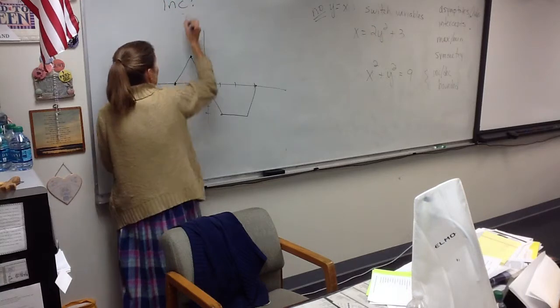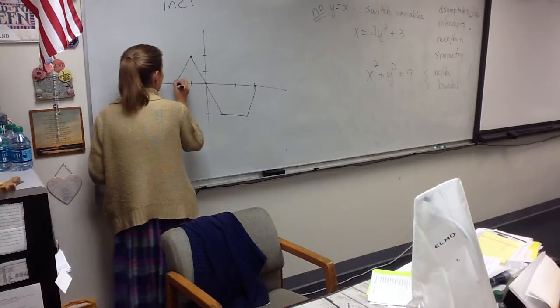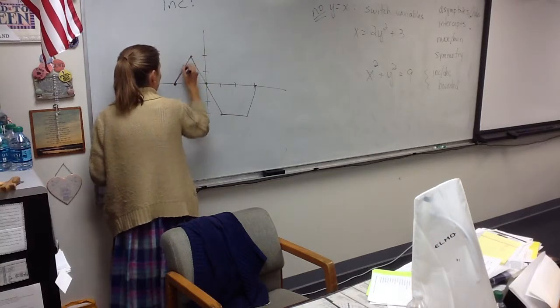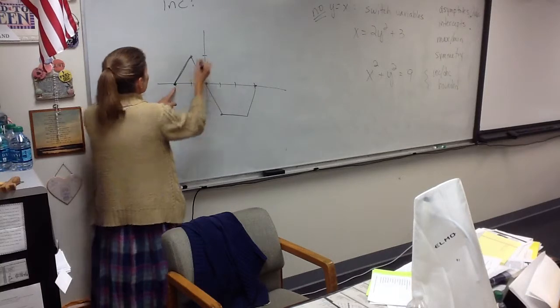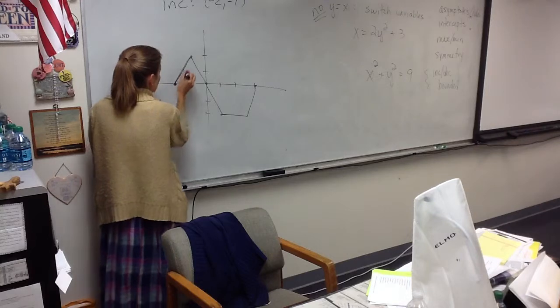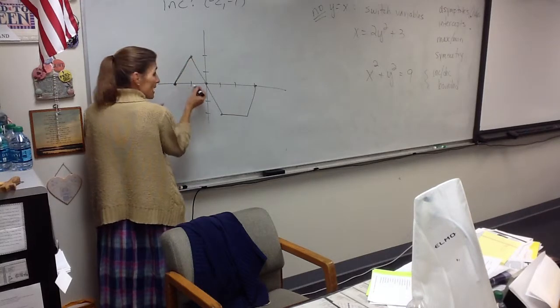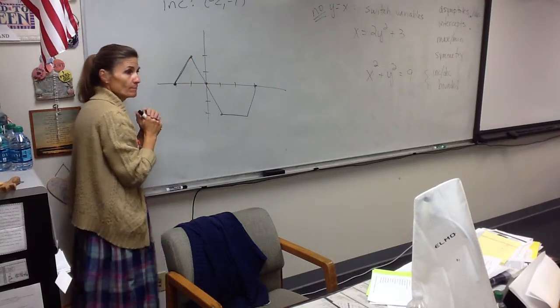Those are called intervals where the curve is increasing. So would you say that I'm increasing on this part of the curve? So that interval is from -2 to -1. From -2 to -1, these are x values now, my pencil is going up.